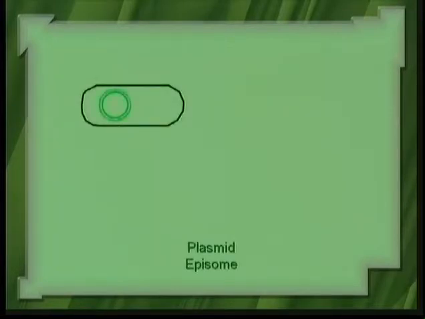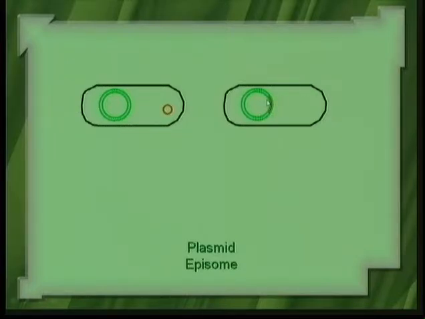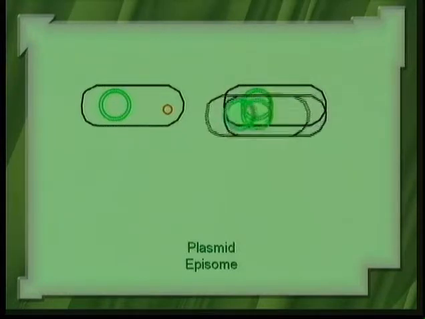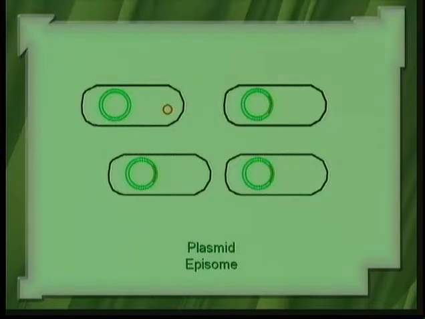Another thing that can happen is that you can have a bacterial chromosome with a plasmid in the same cell, and then the plasmid can be incorporated into the bacterial genome in this way. That's what they call an episome, when you have a bacterial chromosome that has plasmid genetic material in it. Then when that cell replicates, it will form two cells that have the episome in them. Isn't that remarkable? This is part of the basis of what we call DNA technology. You can incorporate DNA from another source, like this plasmid might have come from a different source, into the bacterial chromosome.